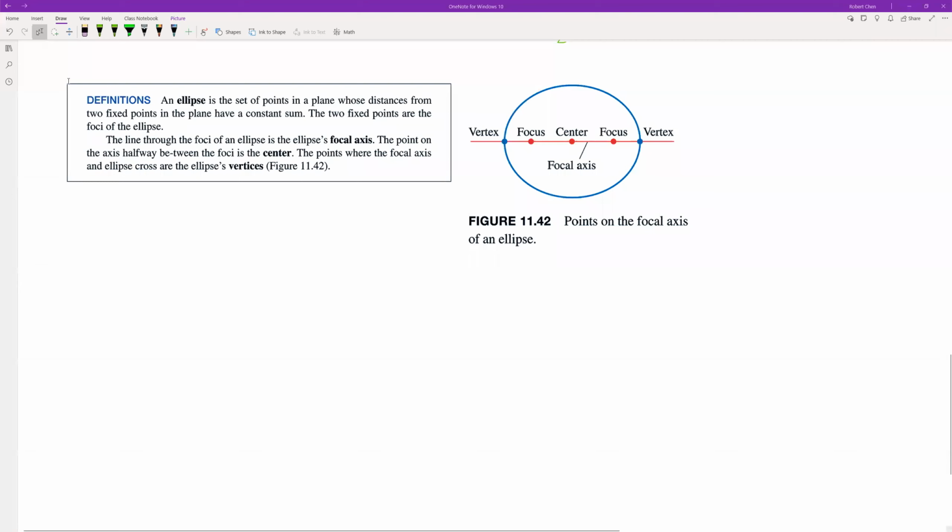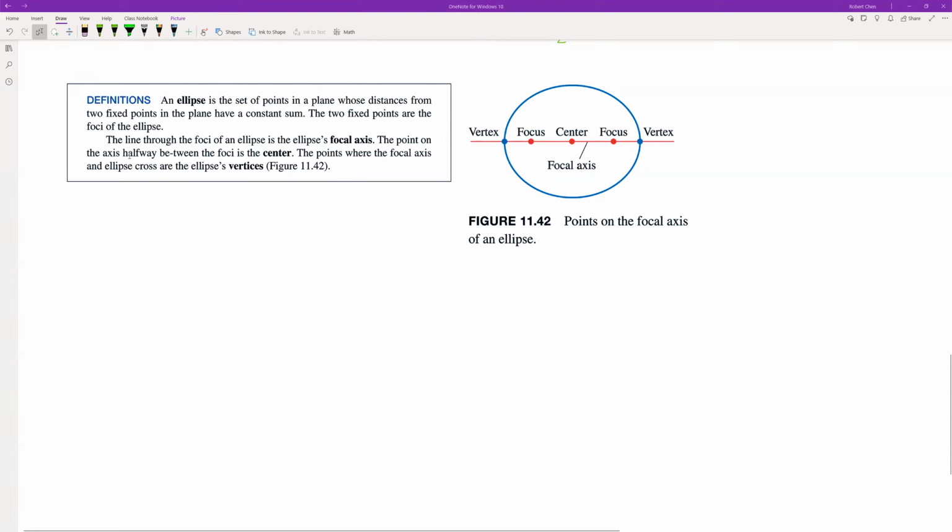All right, let's start with the definition of an ellipse. It is the set of points in a plane whose distances from two fixed points in the plane have a constant sum. The two fixed points are the foci of the ellipse, right? So we have two focus points on the ellipse. The line through the foci in an ellipse is called the ellipse's focal axis, right? So right here, this red line is your focal axis.